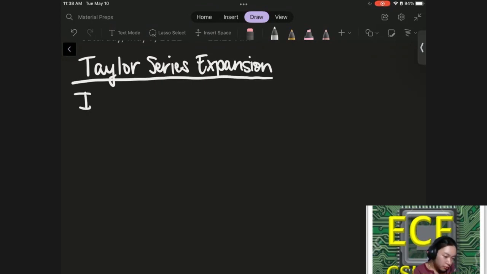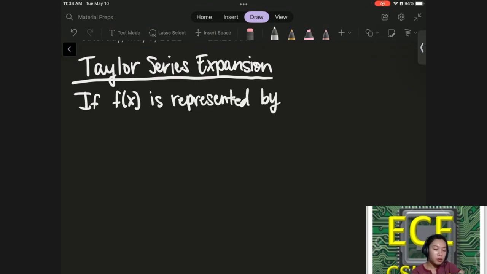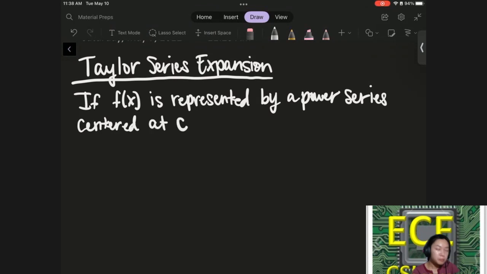So let's say f of x is represented by a power series that's centered at c. I'm gonna make c a different color.